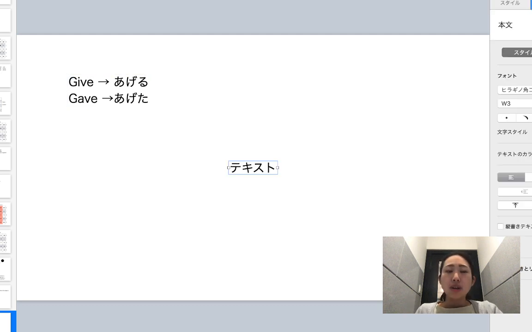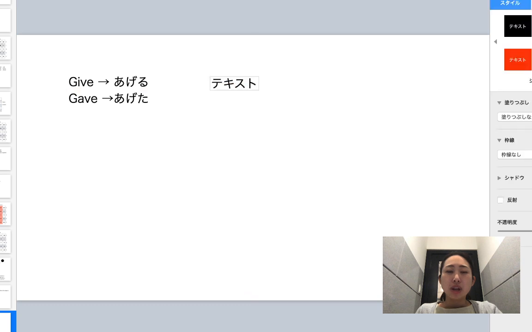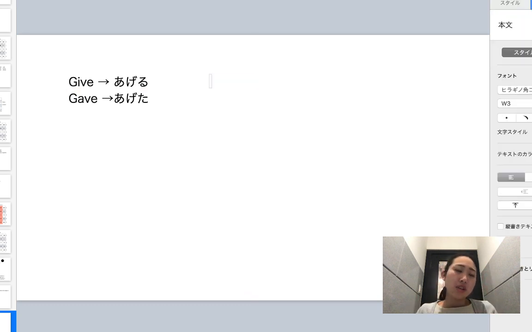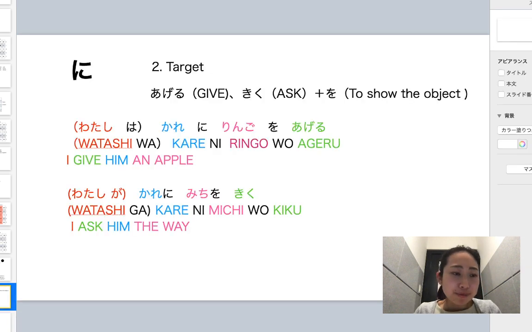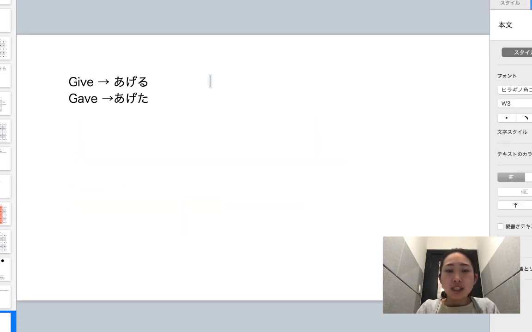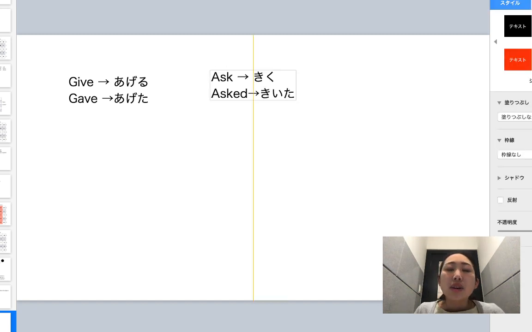And let's use the verbs which we used today. Kiku. Kita.